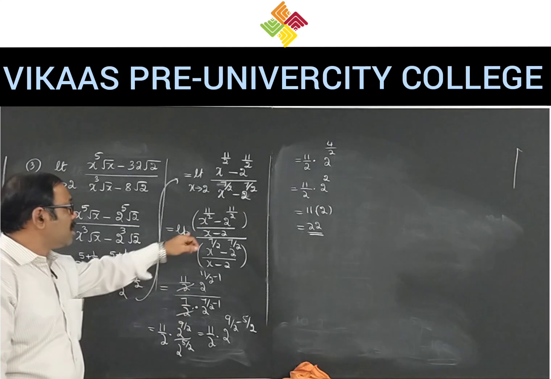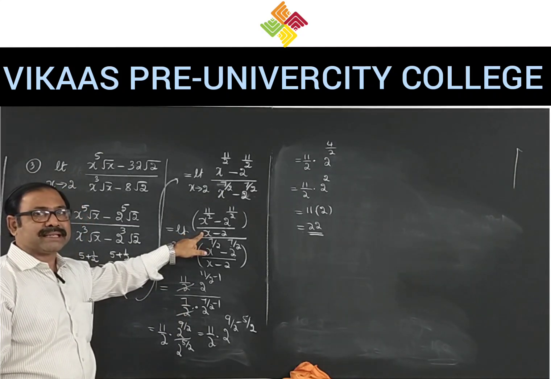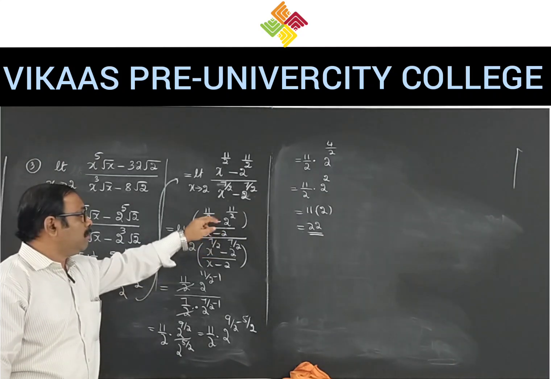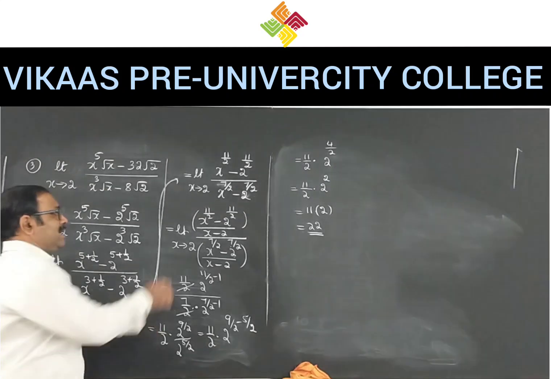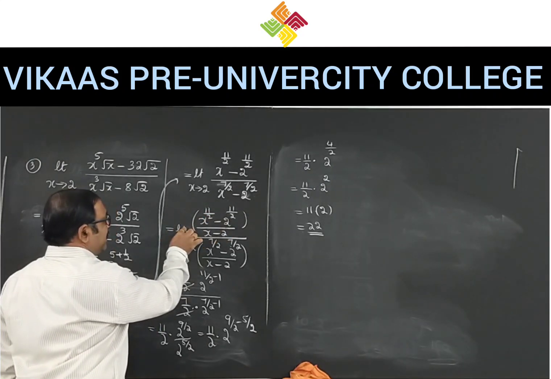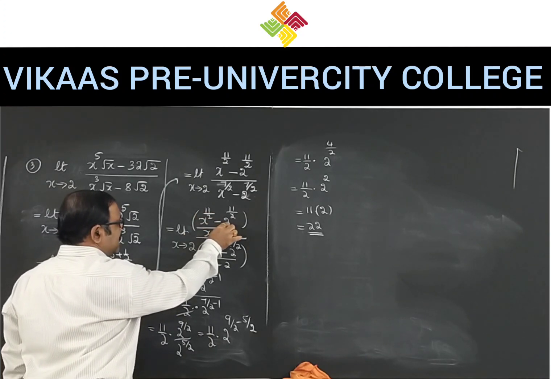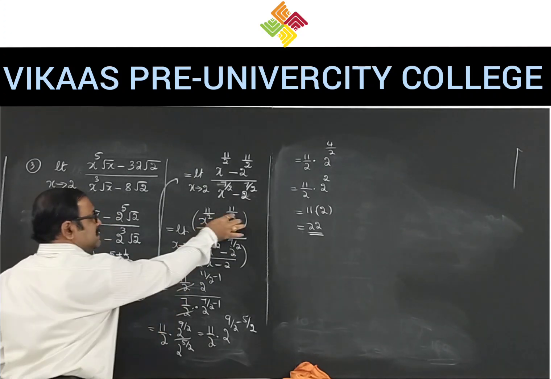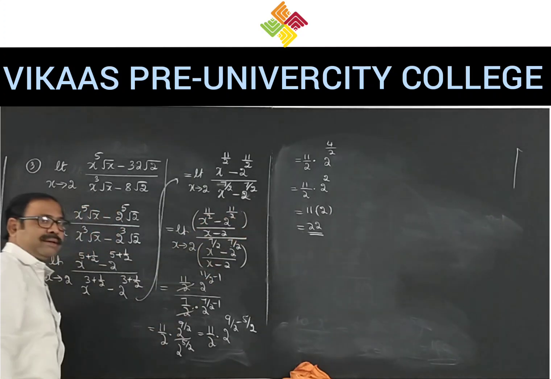In order to apply the limit, we need the factor x minus a. Therefore, I want x minus 2 both in numerator and denominator. Now, this is the form of limit x tending to a, (x power n minus a power n) by (x minus a), that is n into a power n minus 1.